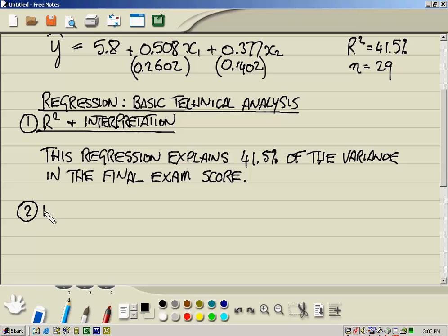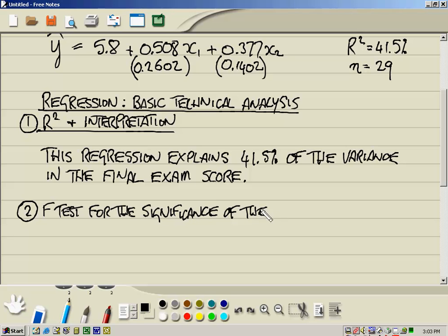Second, we'll do the F test for the significance of the regression.